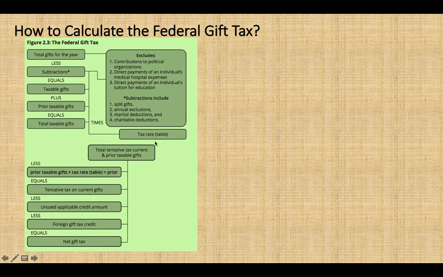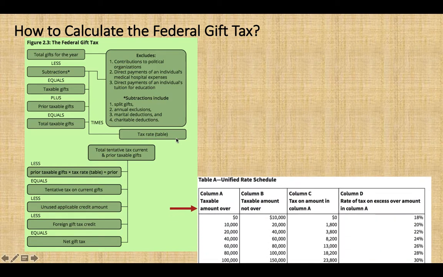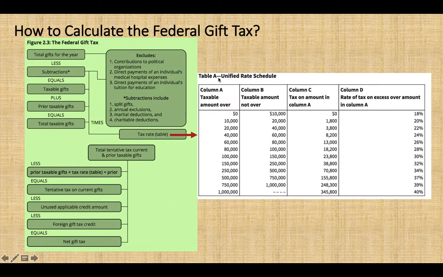Then I'm gonna use the tax rate table, which is this table, called the unified rate table. You can see the gift amount and the tax rates. It's progressive, with many different brackets. Just keep in mind it's called unified because the gift tax rate and the estate tax rate are the same thing.